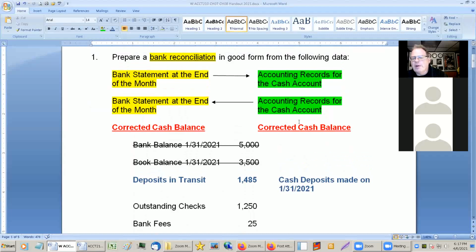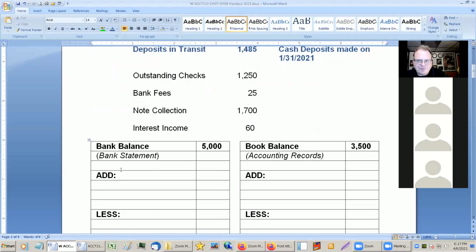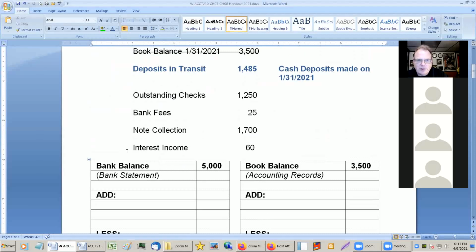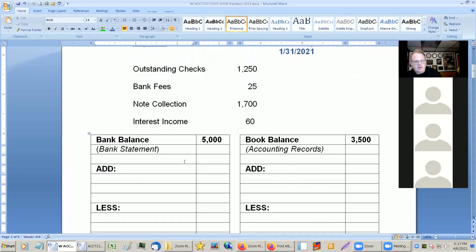Who doesn't know about these deposits? Bank side. Add or subtract, what do you think? Deposit. Add. And so deposits in transit always get added. Those always get added in.